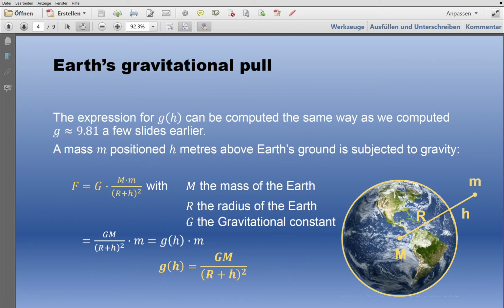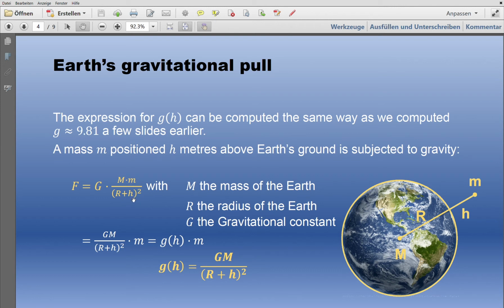Now, if we generalize, we are no longer on the Earth's surface, but we're above, h meters above surface. The same principle still holds, okay? It's still this formula by Newton. The gravitational constant is certainly the same, the two masses are still the same, but the distance has increased.